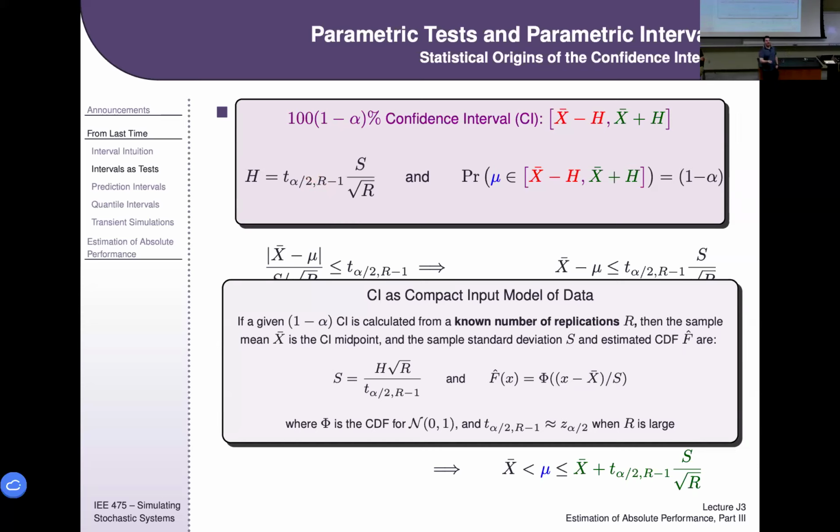So if you want to go from a 95% confidence interval to a 90% confidence interval, you just divide off the t-value, which will be the 5% divided by 2 t-value, and then multiply by the 10% divided by 2 t-value. So you can shrink and expand confidence intervals easily if you know the number of replications that went into that confidence interval.